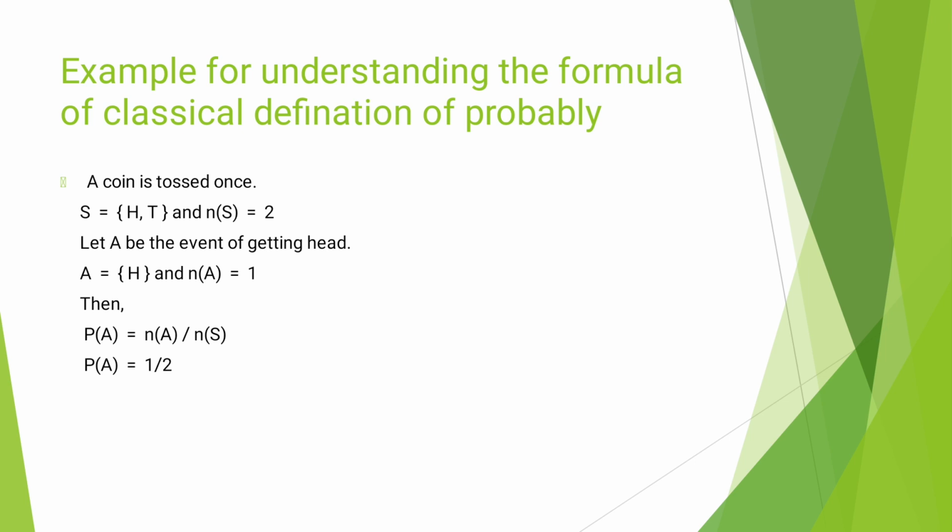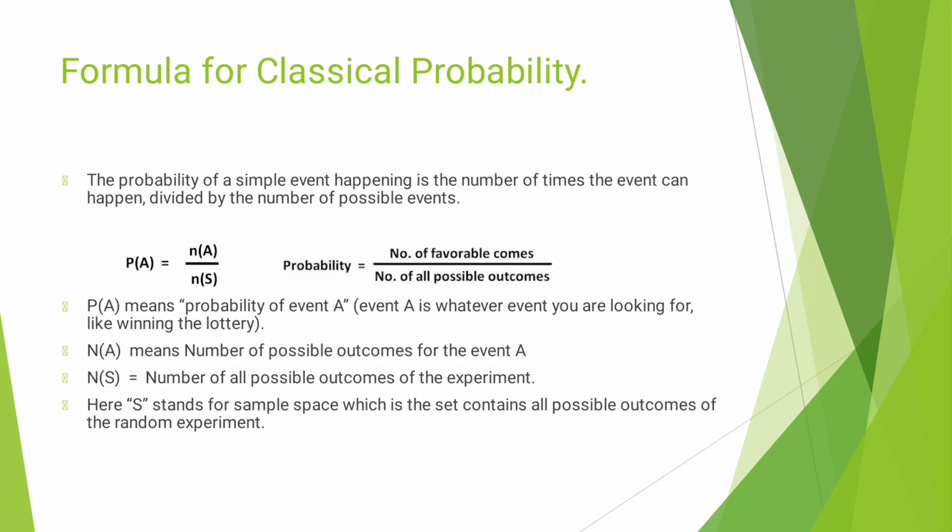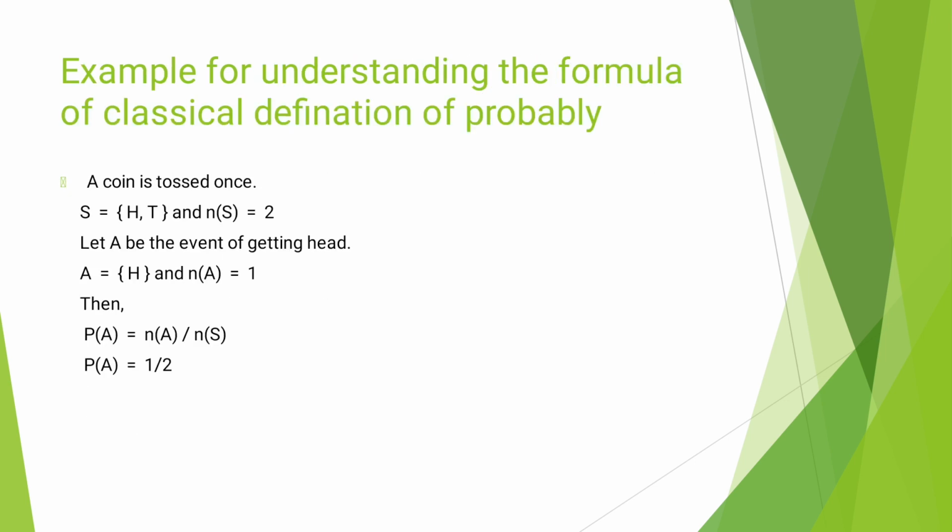Then P(A) = n(A) / n(S), where n(A) is the number of favorable outcomes and n(S) is the number of possible outcomes. Therefore P(A) equals 1 by 2.